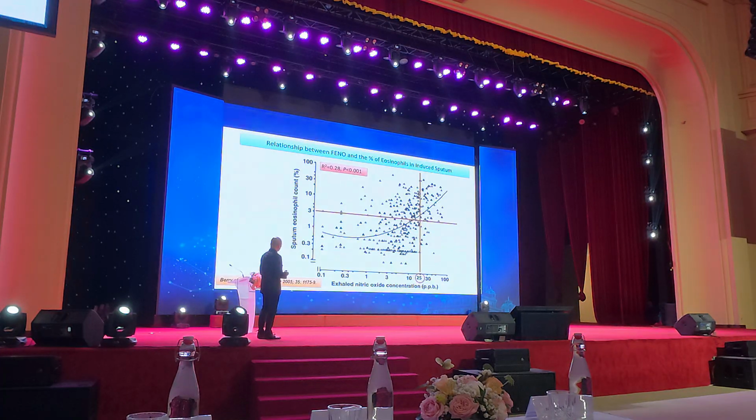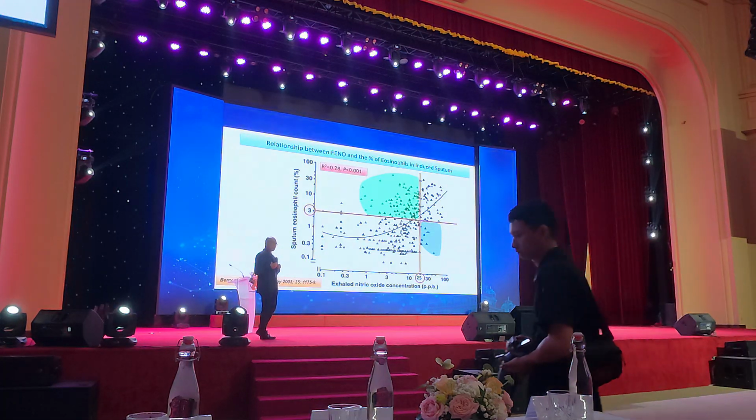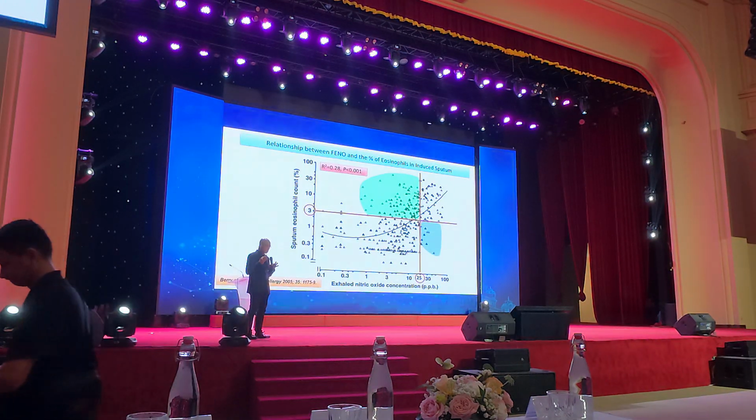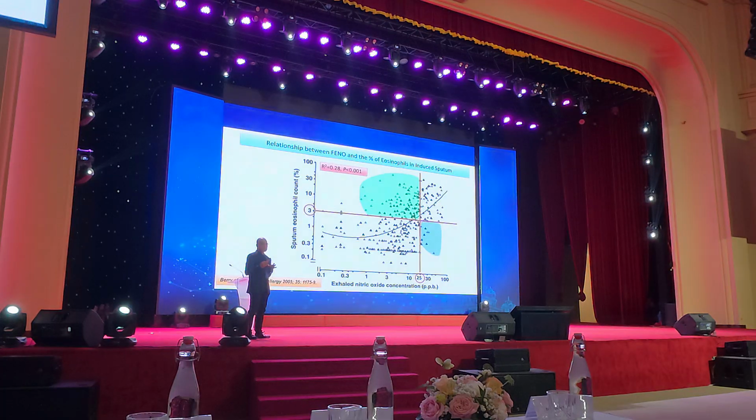However, there are people who have high eosinophils but low FeNO, and there are people who have high FeNO and low eosinophils. In other words, if you just use one of the two biomarkers, you will have the risk of disregarding or overlooking those who might have type 2 inflammation, but with just one type of the biomarker being high and the other low.